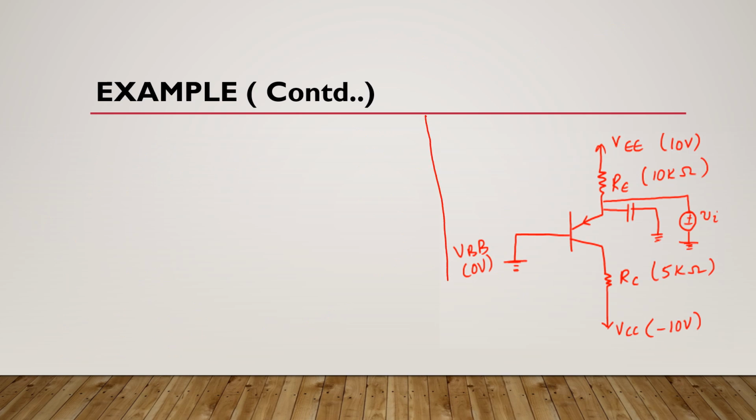Now we will do AC analysis of this circuit using T model. The equivalent T model circuit of this configuration will look like this, okay, and the arrow will be here because we know that this is a PNP transistor.